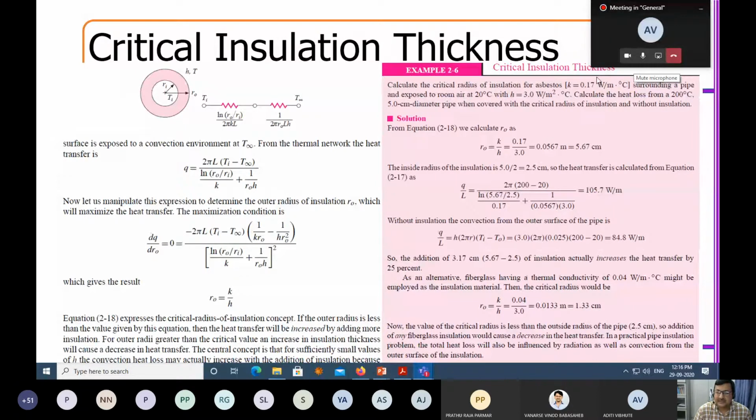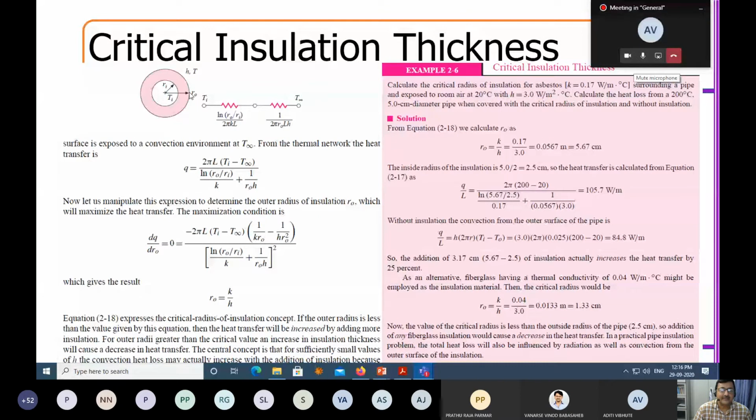You can see the thermal conductivity is very low, surrounding a pipe and exposed to a room at 20 degrees. So this is the place where the hot fluid is flowing, this is where air is, and this is your asbestos insulation. You have a pipe with inner radius Ri, and you have put an insulation surrounding that, which is a shell.